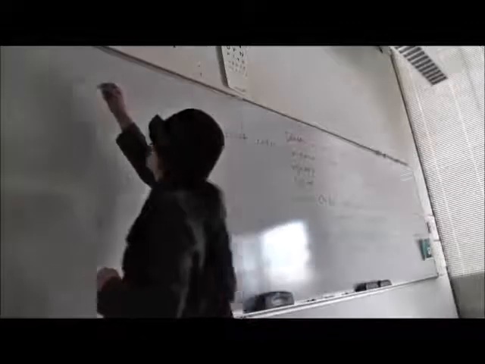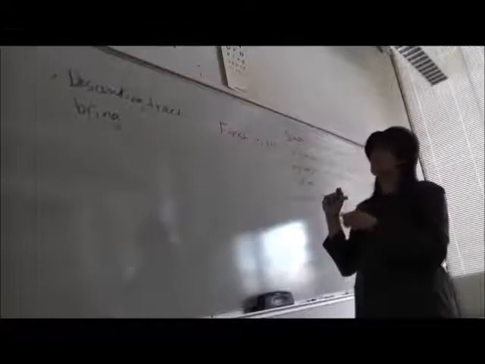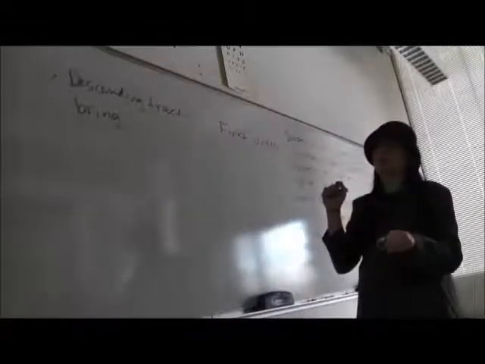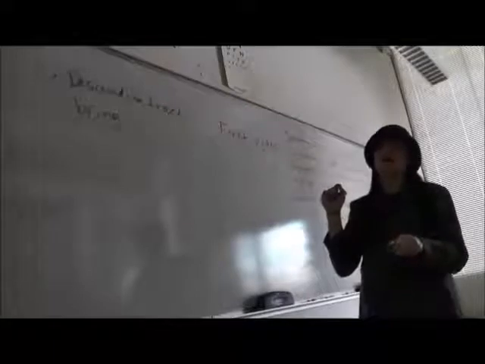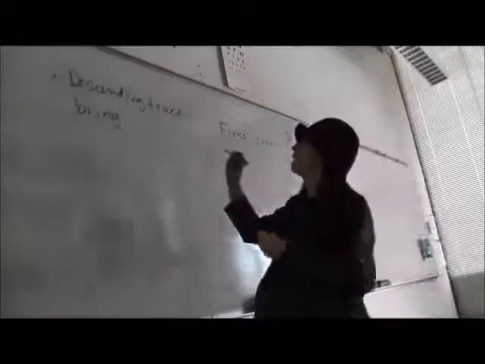So a descending tract is going to bring motor commands out to the periphery. And so this will be in our somatic nervous system. It will just use these two neurons. When we look at our autonomic nervous system, we'll look at the difference between how the two systems work.